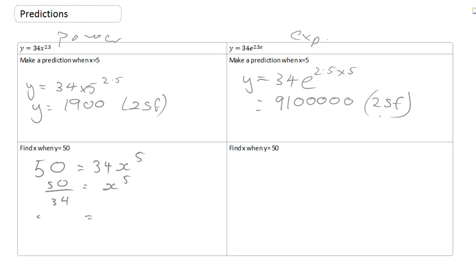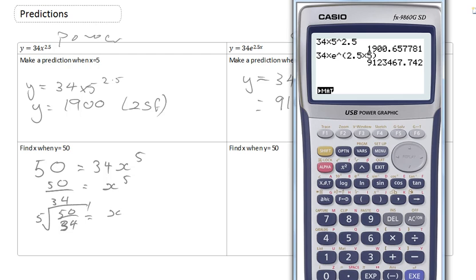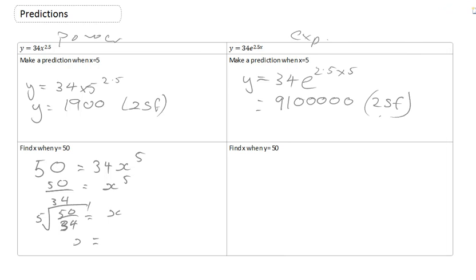Whereas I could just do the fifth root of 50 divided by 34, and that will tell me what x is. Now on my calculator, I've got a button there, x to the power of root, so I can go 5, shift root, and then I'm going to open a bracket, 50 divided by 34, close bracket, equals, and I get x as 1.1 to two significant figures.